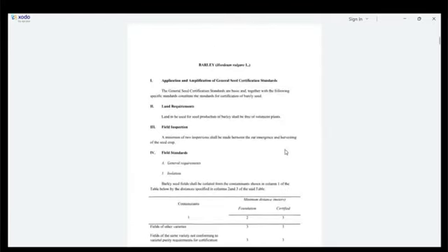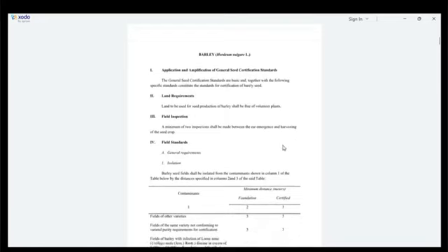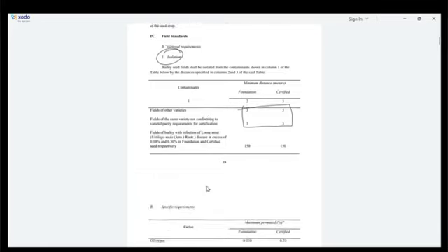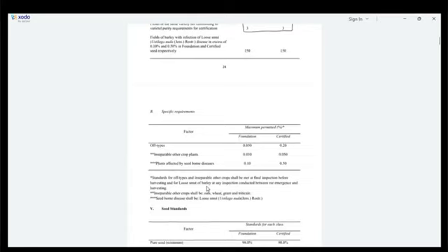So as you can see here, it starts with barley. For barley you can see the field standards. Field standards start with the isolation distance, the prescribed distance to be followed by the seed producer. Then there are specific requirements such as off types. There is an off-type percentage that is allowed.